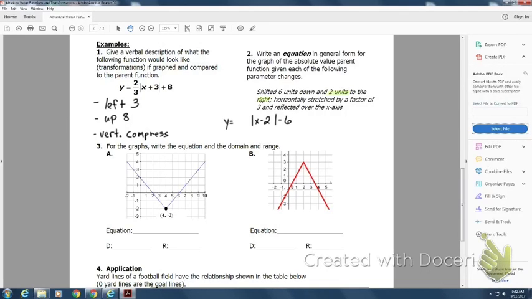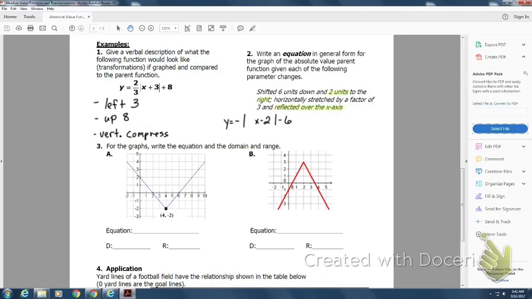Okay, it's going to be, well, it's horizontal, so sorry, I might have thrown you off there. Because it's horizontal, it needs to go on the inside. We'll talk about that. But if it reflects over the x-axis, what's going to be in front right here? Negative.